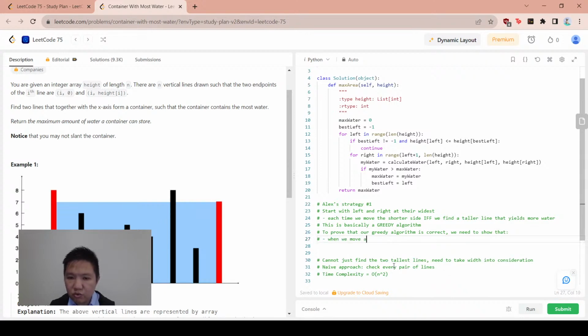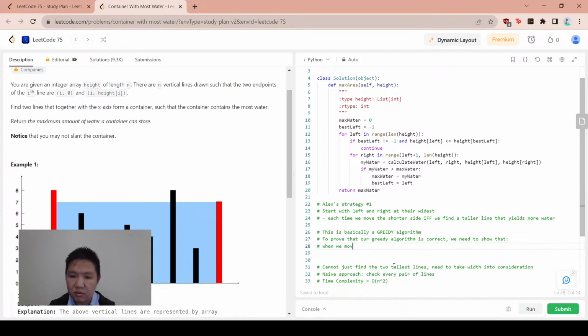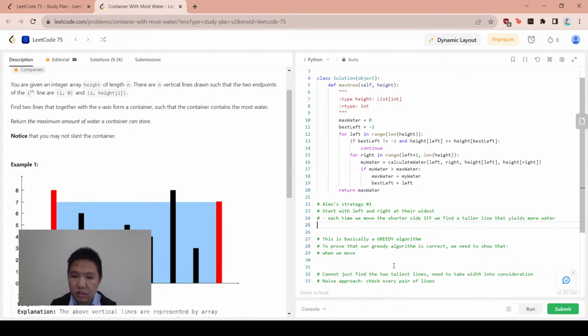when we move a line, you know what? Show that when we... and so it repeats until the two lines meet. Left and right meet.